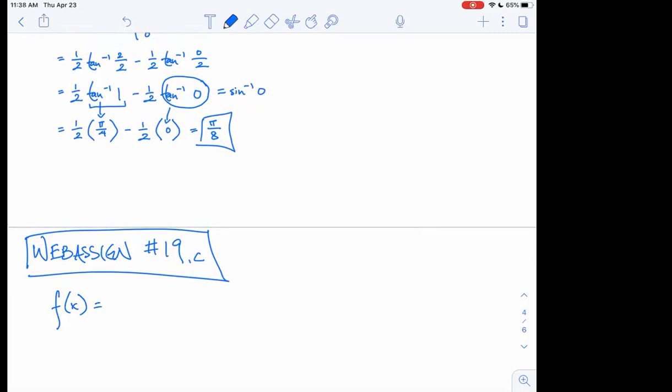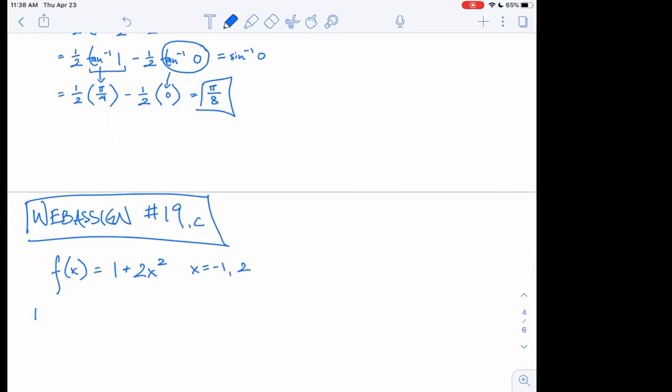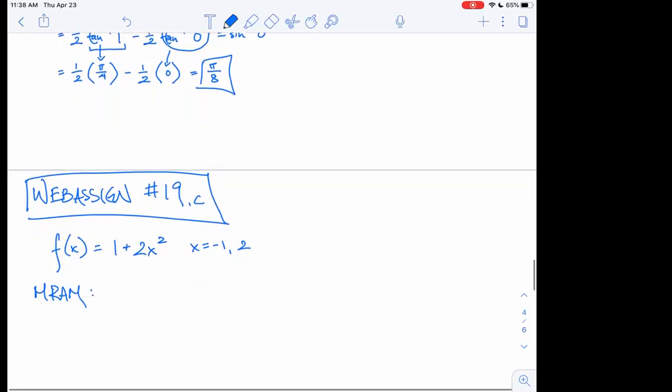Oh, sorry, it was on mute. That's okay. I think f of x was 1 plus 2x squared. Okay, and are you going from -1 to 2? Yes. Okay, cool. So for the midpoint rule, let's start with the 3 rectangles.